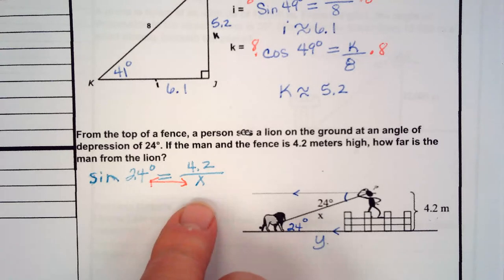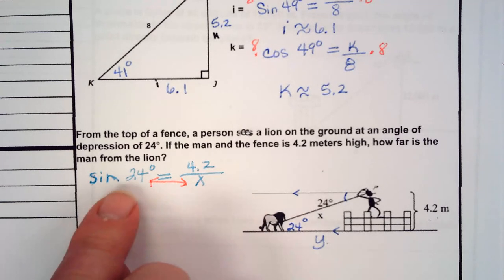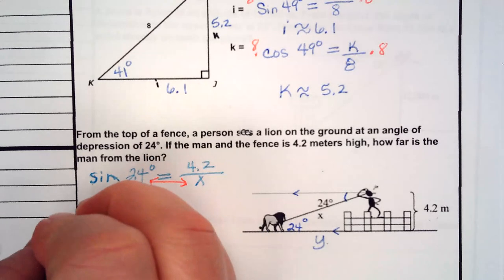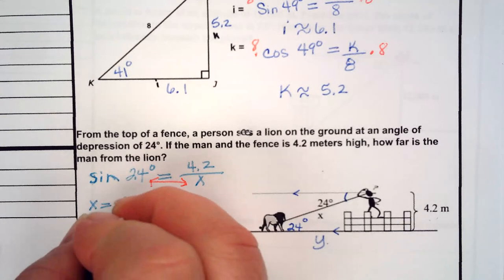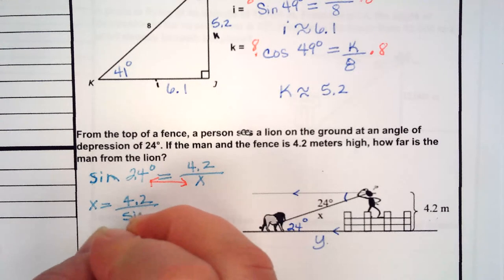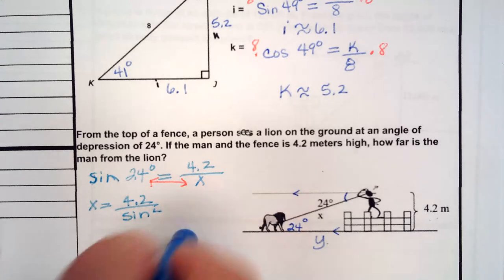The reason is you multiply by X and then you divide by sine of 24. So X is equal to 4.2 divided by the sine of 24 degrees.